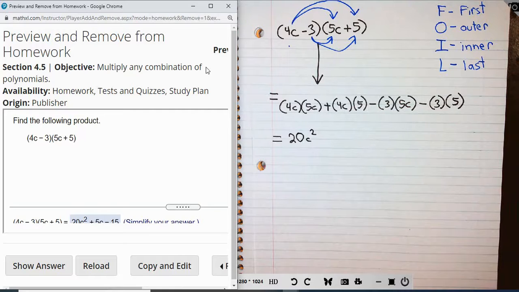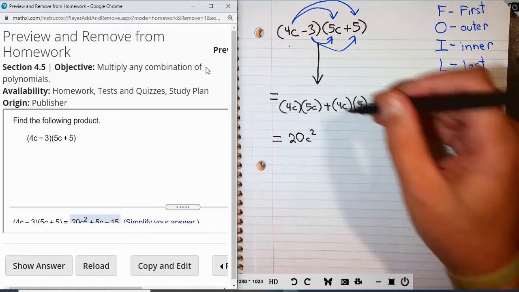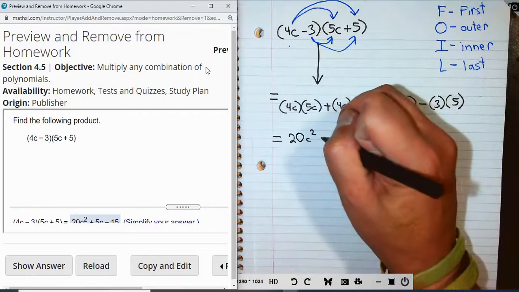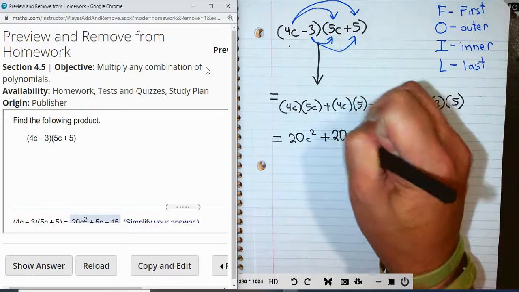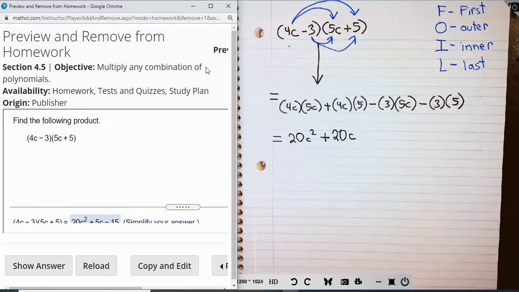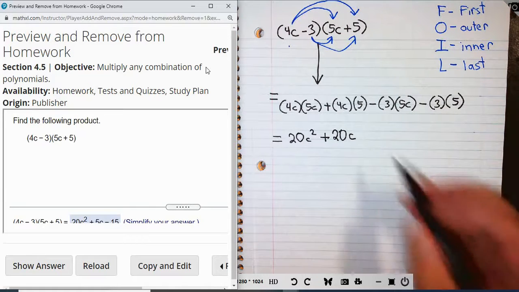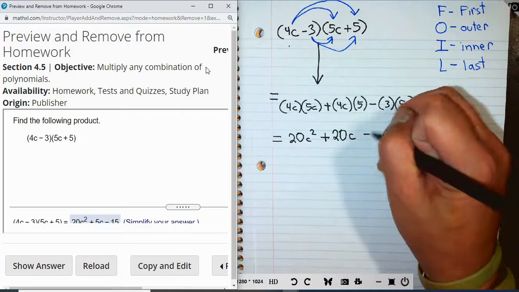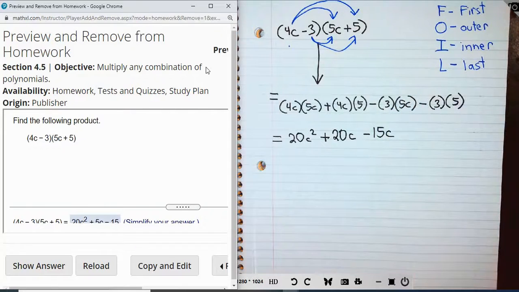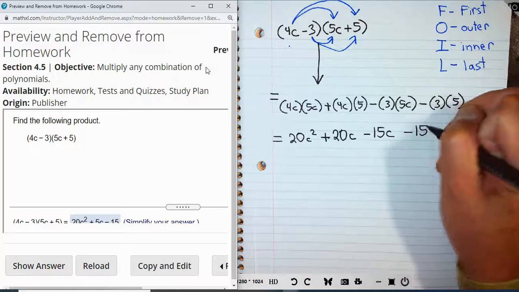Basically, c to the first times c to the first means we add the exponents, so we end up with c squared, right? So we have 20c squared. Now 4c times 5 is 20c, all right? And now negative 3 times 5c is negative 15c. And then negative 3 times 5 here is negative 15, right?